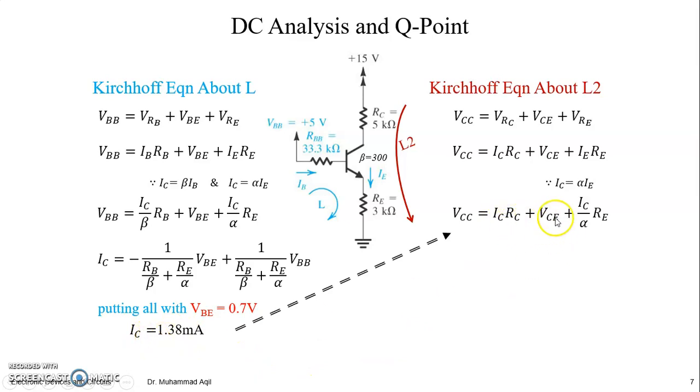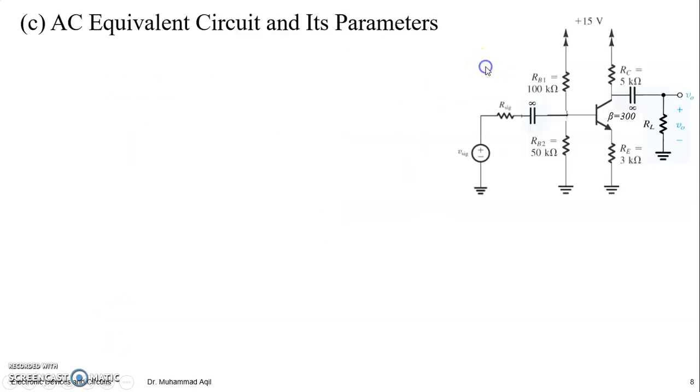We can put here RC, RE, alpha, VCC already with us. So we can get VCE equal to 4 volts. So this is your Q point, right? So you can draw the load line yourself by finding the extreme points of the load lines, right? Input load line and output load lines, right? And place this Q point on that load line by yourself, right? So now we are going to work on the AC source.